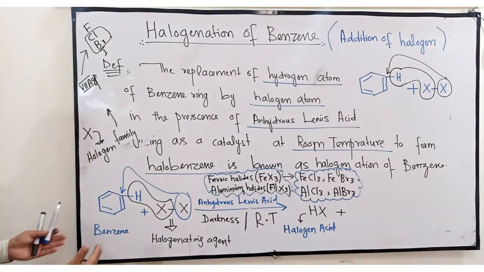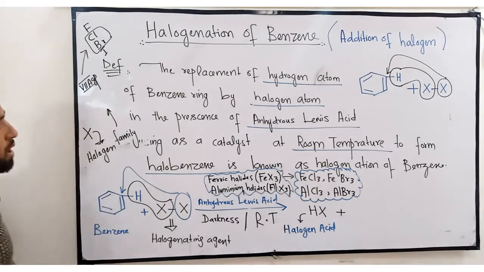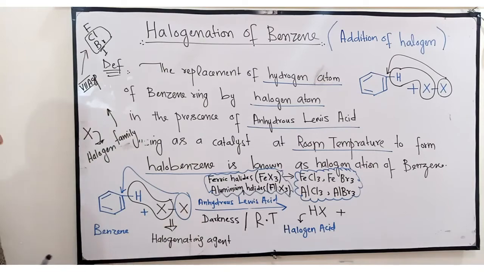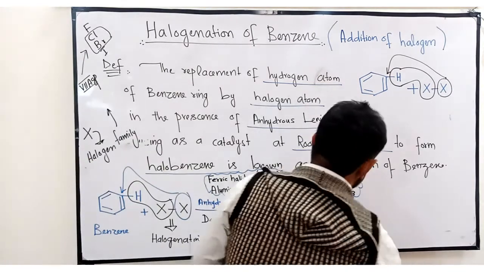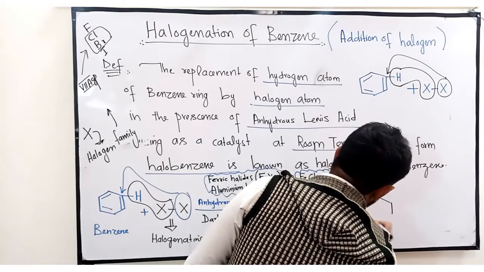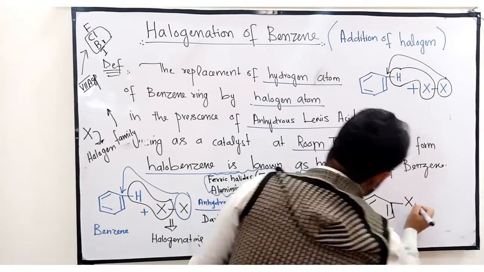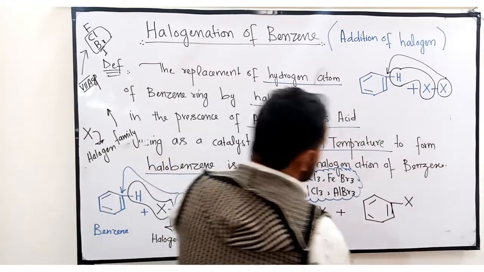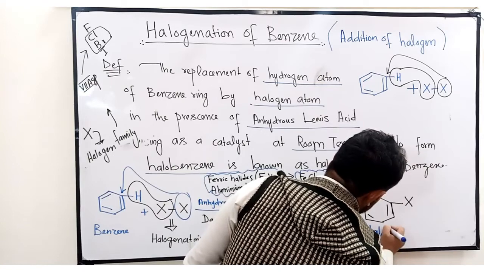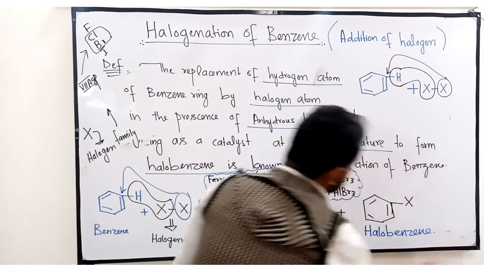So this is basically a substitution reaction in which the hydrogen atom of the benzene is replaced with the help of the X atom. So what will be our final product? Our final product will be a benzene molecule with an X atom, which is known as halobenzene. This is halobenzene.